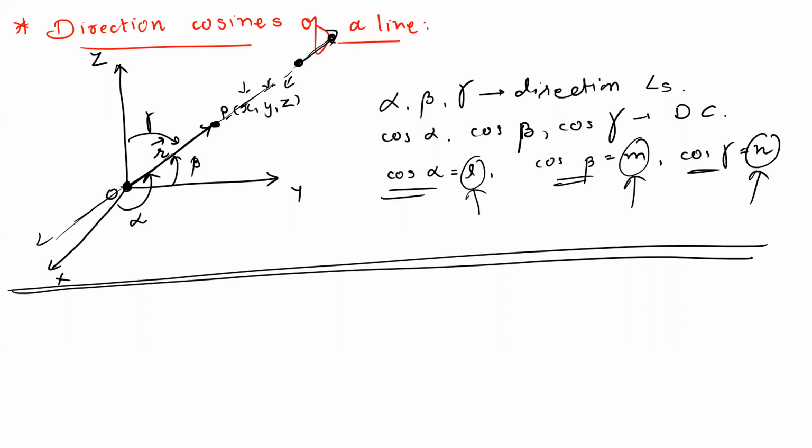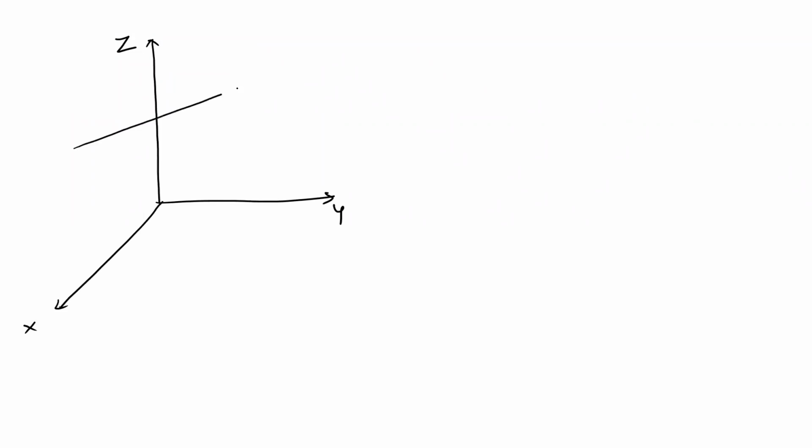You must write the heading, the same heading: direction cosines of a line. Now the chapter starts. Again, draw three dimensions, X, Y, and Z. Suppose sometimes it happens that my line is not passing through the origin.